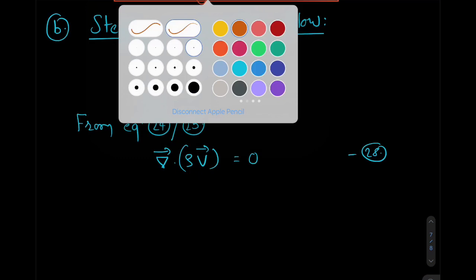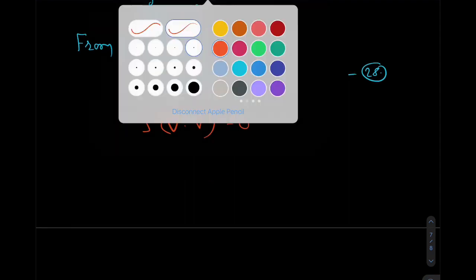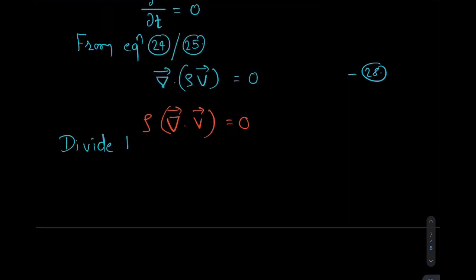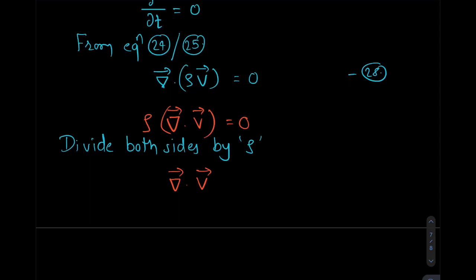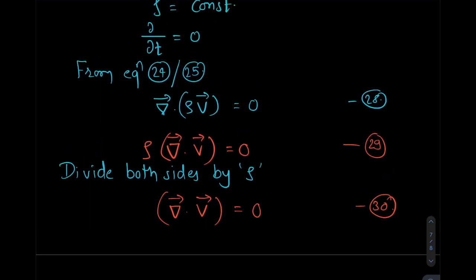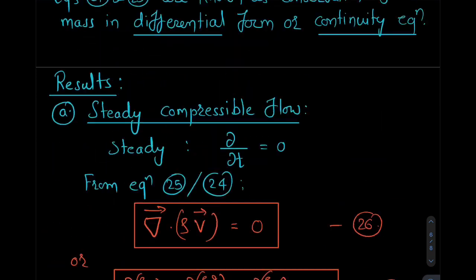This reduces to del bar dot v bar equals 0 after dividing both sides by the density of the fluid. We can write this as divergence of velocity equals 0. This is the final result for steady incompressible flow. It states that the divergence of the velocity vector is 0.